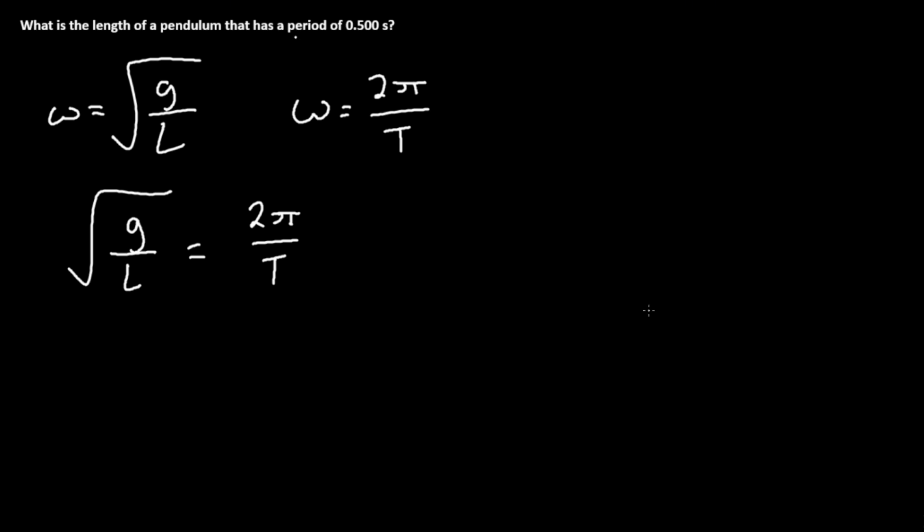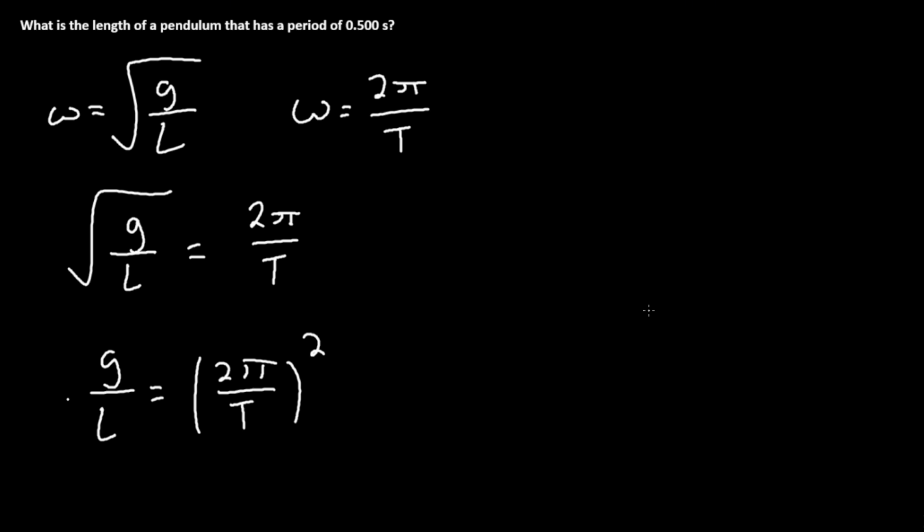And so if we isolate the length, since that's what we're solving for, we can square both sides. So the square root cancels if you square both sides. And you get 2 pi over T squared. And then you can isolate your length again by multiplying length onto the right and then dividing this entire equation.